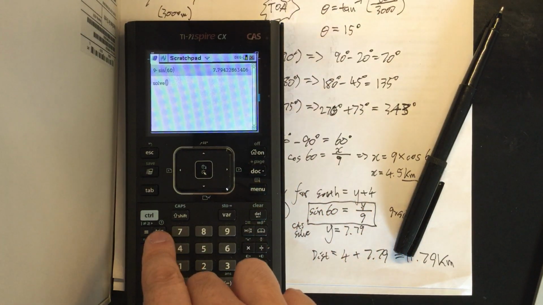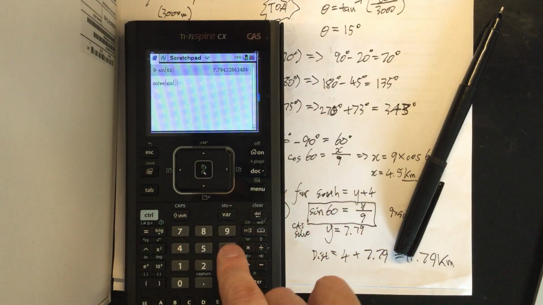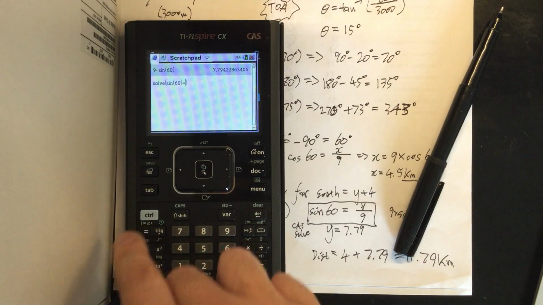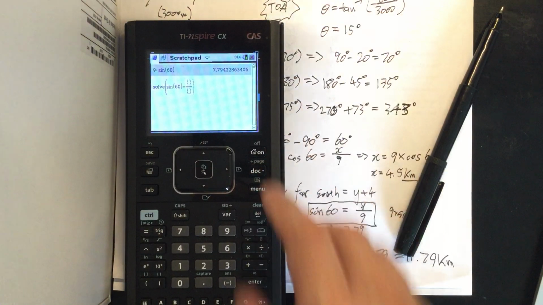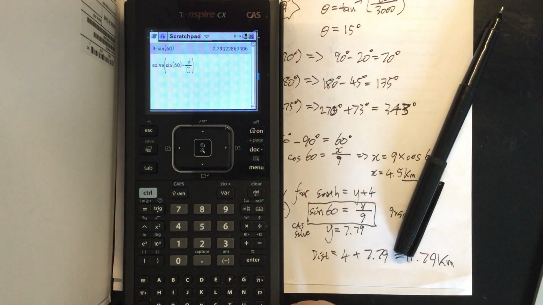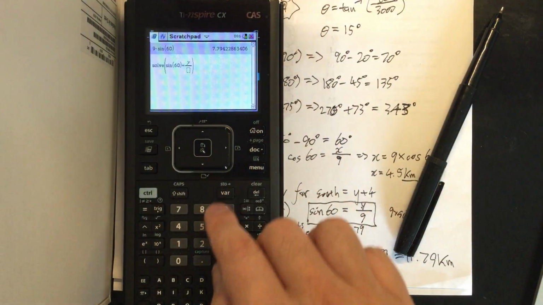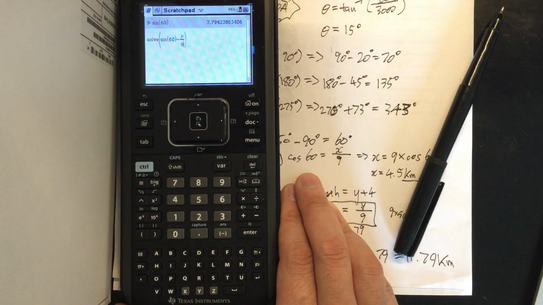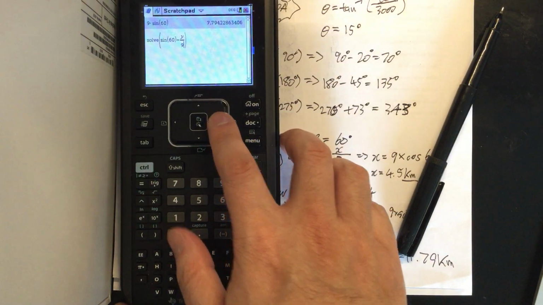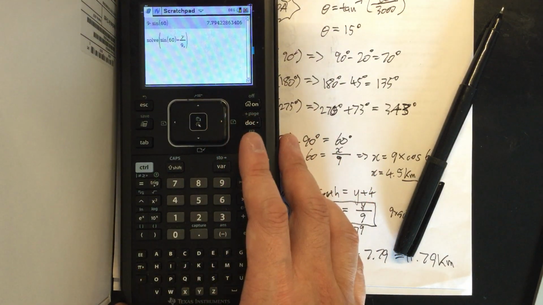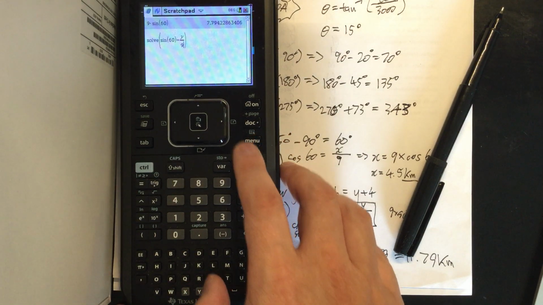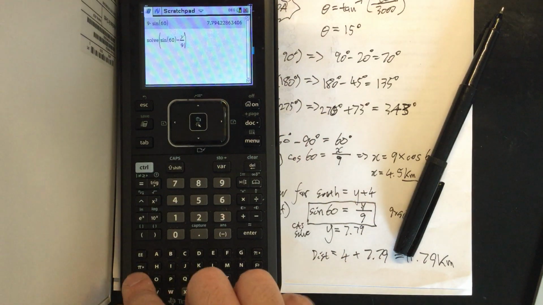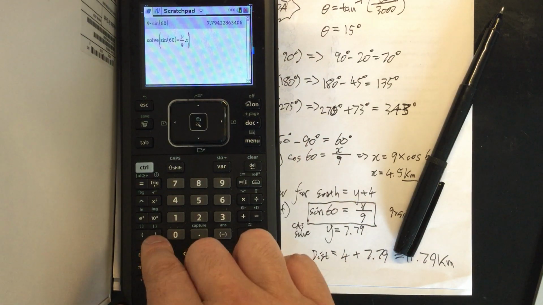Menu, algebra, sine of 60 degrees equals, comma, fraction y over 9. You can use any letter you want. Now remember, you don't put comma x down here. Quite often people make this mistake. You need to move one over, comma x, close bracket.